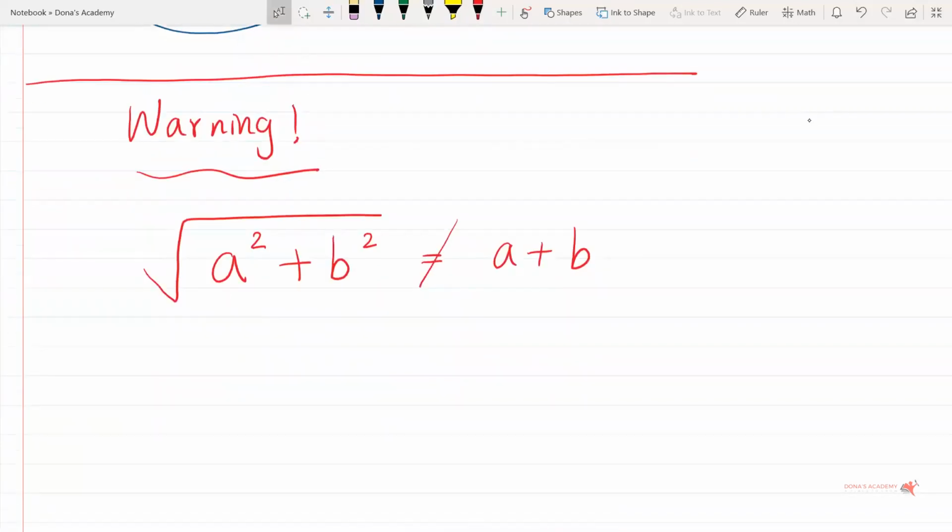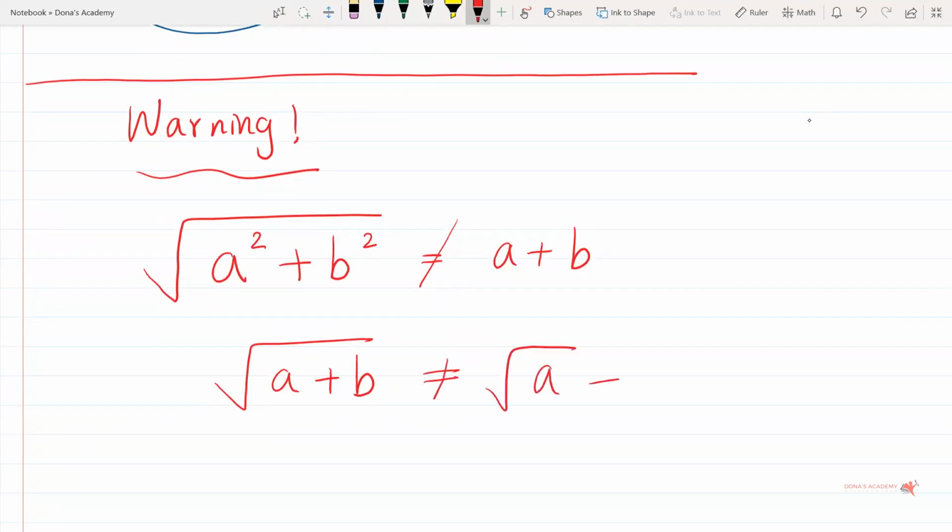So similarly, you can say this thing is not equal to square root a plus square root b. I have seen this mistake. This is a common mistake. So many students are doing this without even caring, right? So be careful with these types of common mistakes.